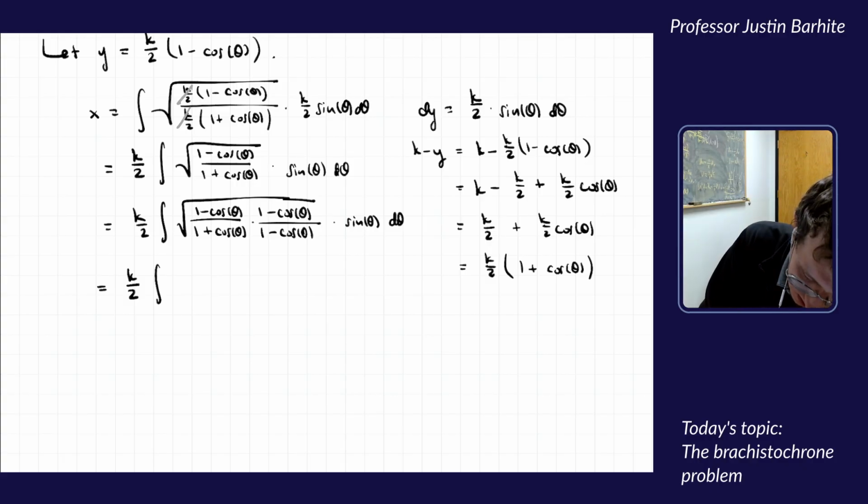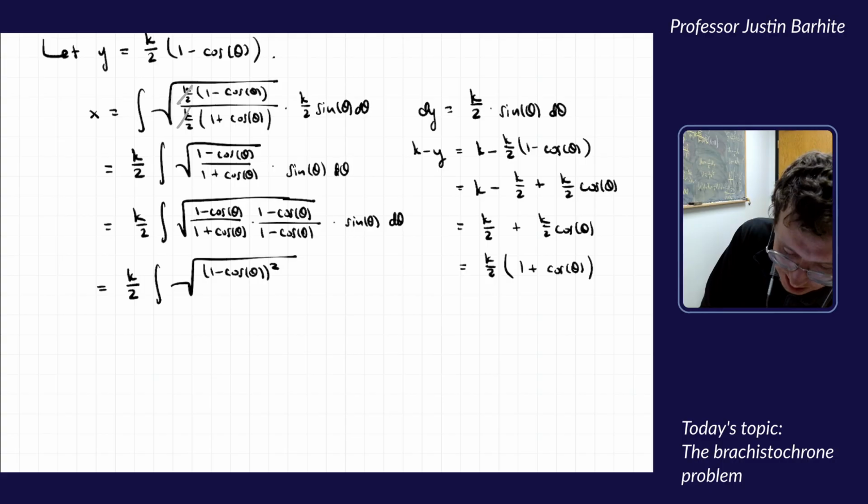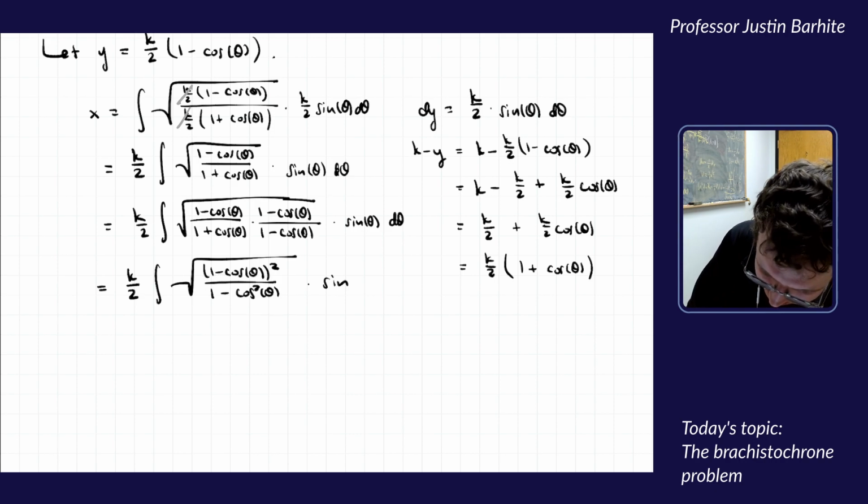Let's see. So in the numerator, I have 1 minus cosine theta squared, which is great because I have a squared and then a square root, so those are going to cancel out. In the denominator, I have 1 minus cosine squared of theta. In chat, can you tell me what I can do with 1 minus cosine squared of theta?